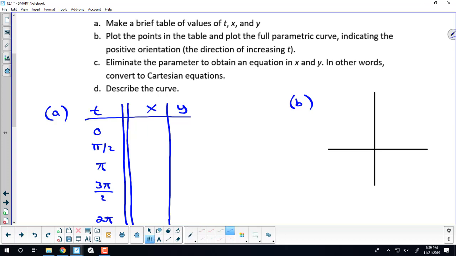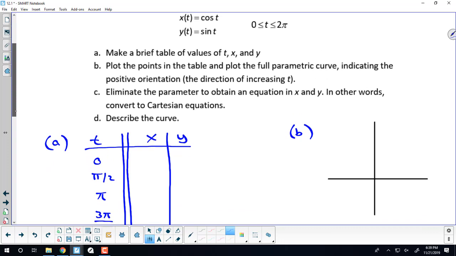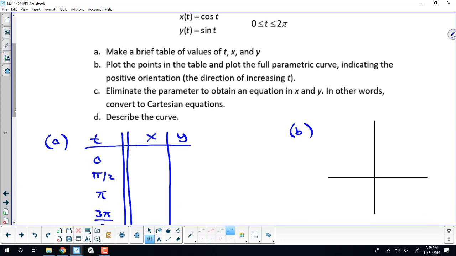All right, so t being 0, x coordinate is cosine of 0, y coordinate is sine of 0. So the starting value for t was 0. That gave us the point (1, 0).